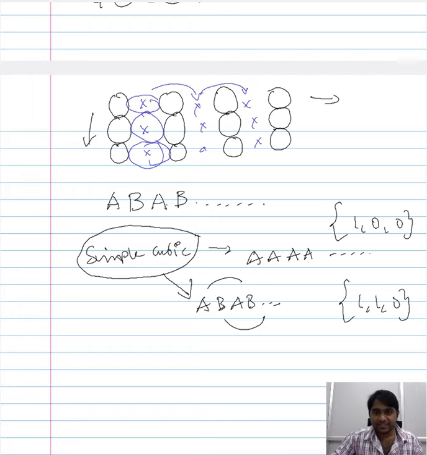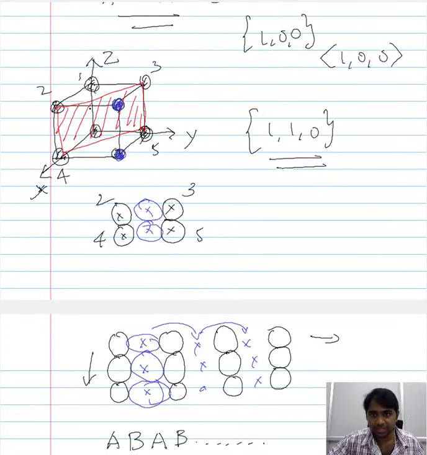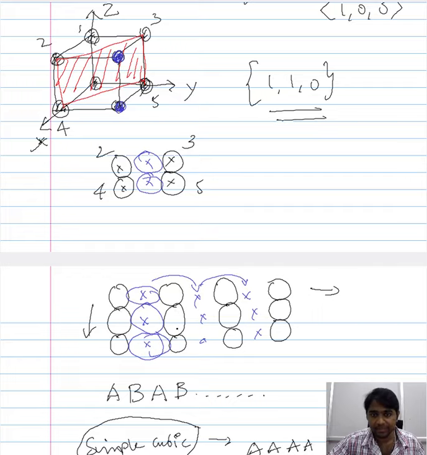Now, if you consider the 1, 1, 0 family of planes, this direction here is 1, 1 bar 0, and this direction here is 0, 0, 1.